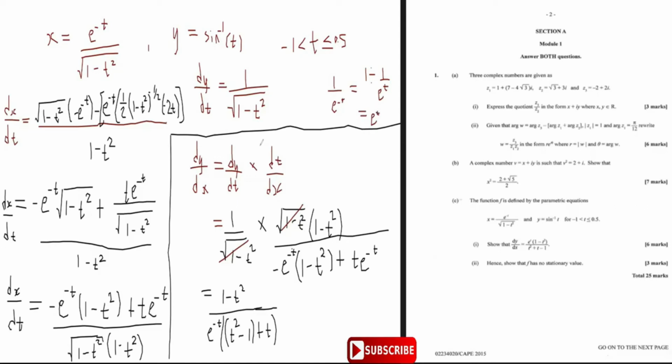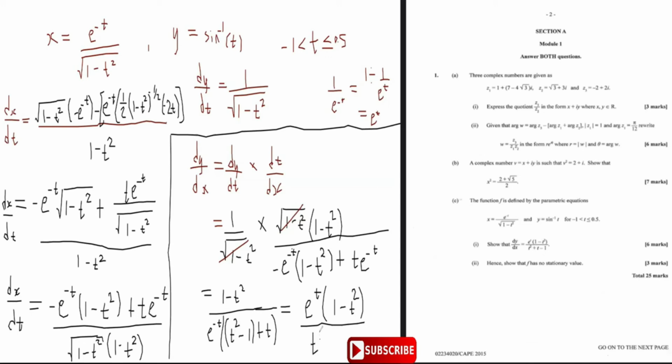So what am I saying? We can put e to the t in the numerator. 1 over e to the minus t becomes e to the t times 1 minus t squared over, in the denominator, t squared plus t minus 1.